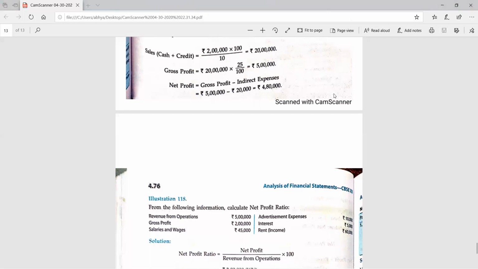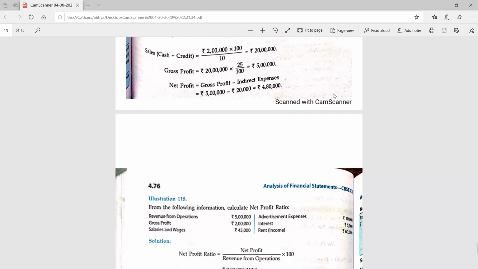Salaries and wages, it is an indirect expense, 45,000. Then advertisement expenses, which is 10,000. Then interest 5,000.